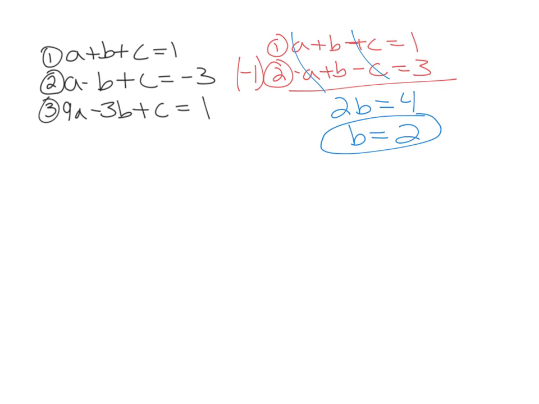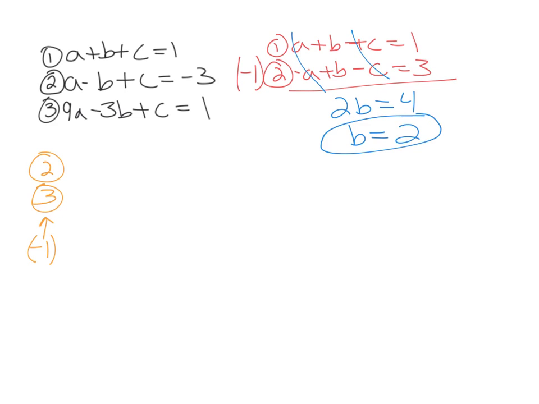What I still have to do is go back to the 2 other equations and eliminate. In this case, I can either eliminate the a or the b. I can't use 1 and 2 again, although some of us want to use that and eliminate the a. We can't do that. We have to use something other than 1 and 2. So I'm going to use equation 2 and 3. In equation 3, I'm going to make sure I multiply that one by a negative 1.